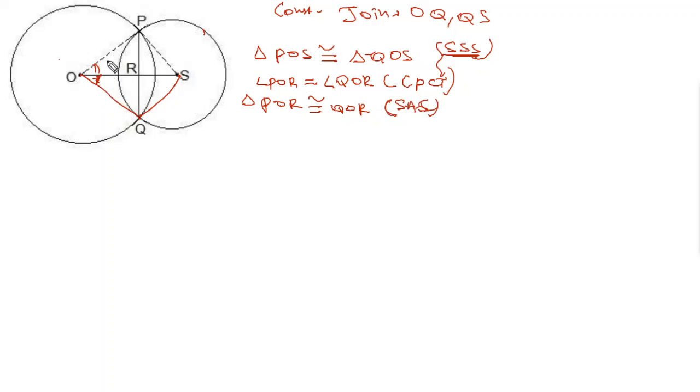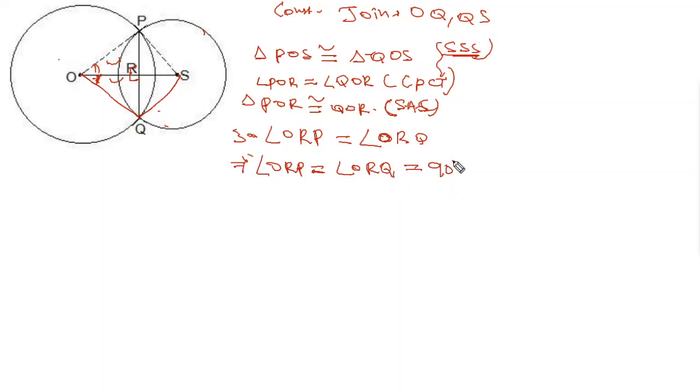Now as these two triangles are congruent, we can say these two angles are equal. Angle ORP is equal to angle ORQ. But both the angles are on one line, or we can say they are a linear pair. So angle ORP equals angle ORQ and it will be equal to 90 degrees.